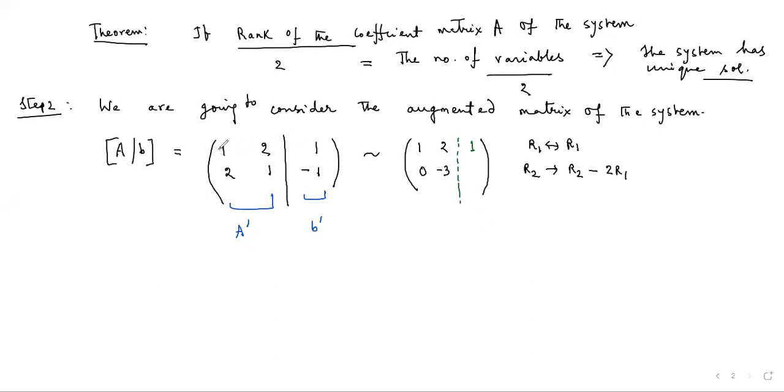And here we get 2 into 1, that is 2, and minus 1 minus 2, that is minus 3. This is the operation that I already applied on the previous page.